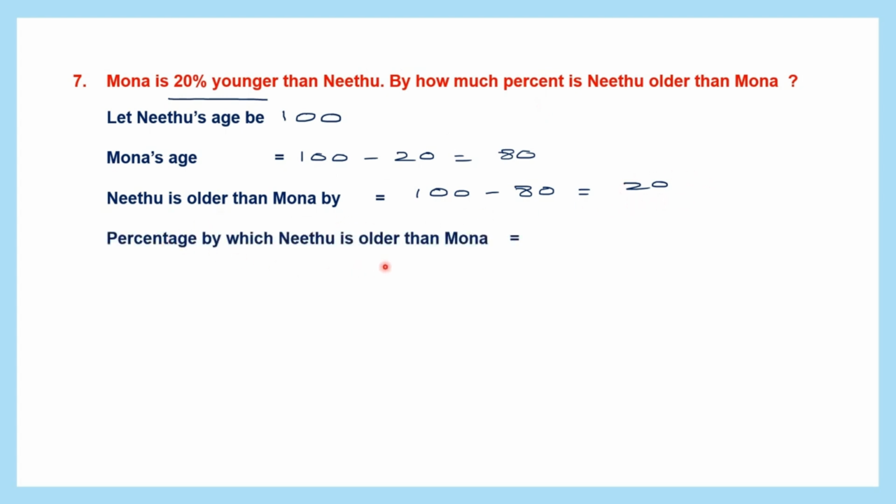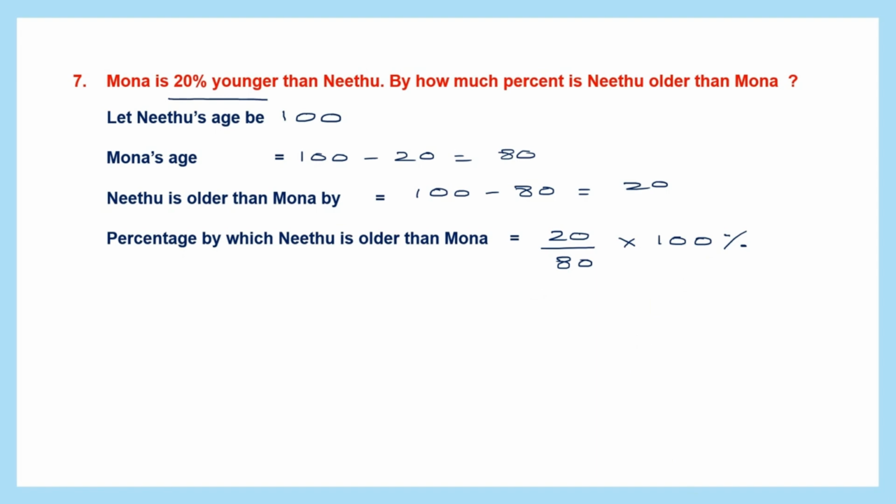So the percentage by which Neetu is older than Mona is, you take the age difference by which Neetu is older, divided by Mona's age, which is 80, and multiplied by 100% because we are trying to find the percentage. So 20 by 80. Now 20 is this, 80 is Mona's age. Because we're comparing it to Mona's age, we multiply it by 100%.